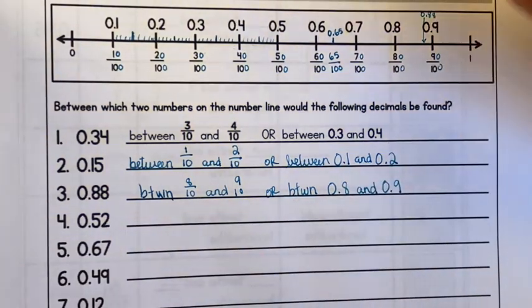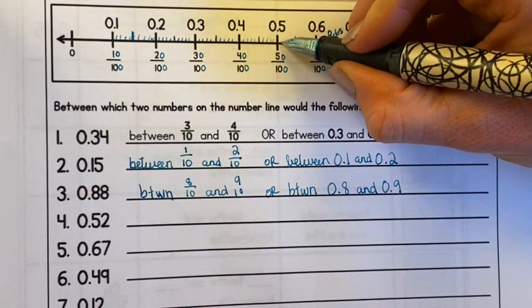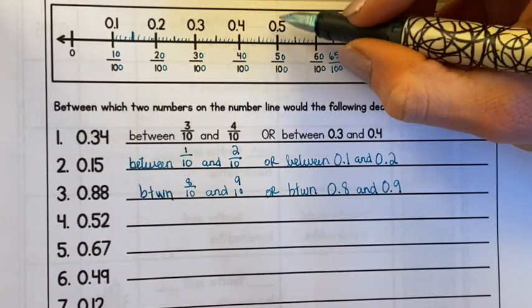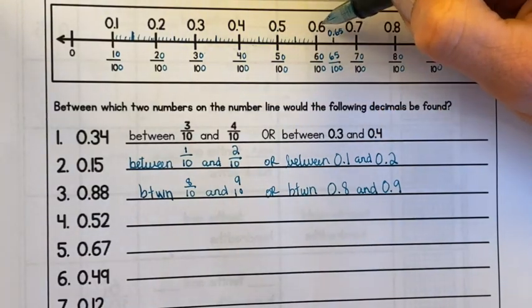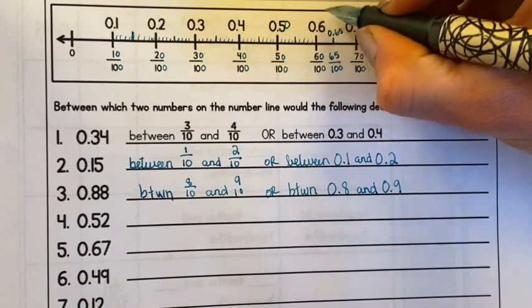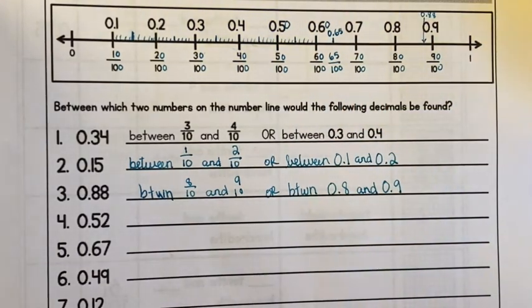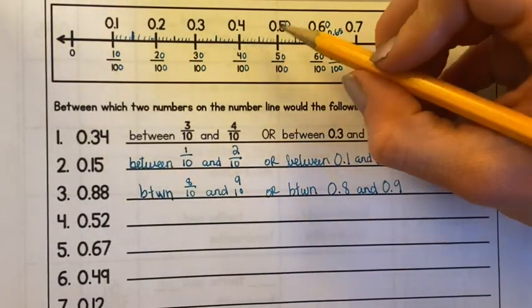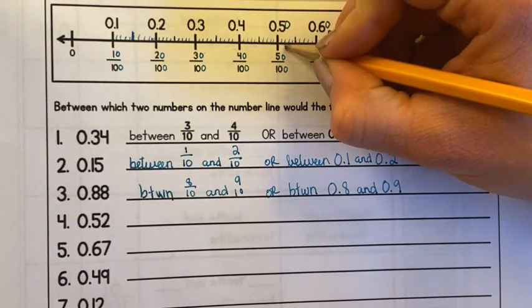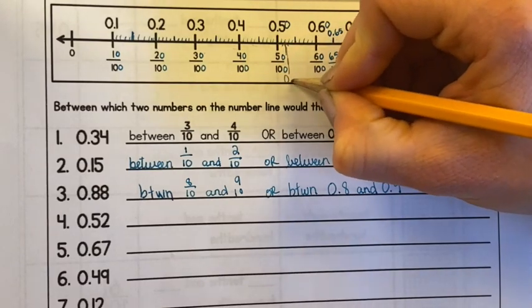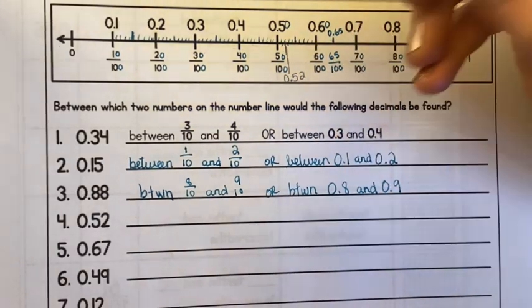So 0.52, I imagine, so it's between 0.5 and 0.6. So imagine that this is 0, if you have those zeros there. So 0.50 and 0.60. 0.52 is going to be right here. 0.52 goes right there.